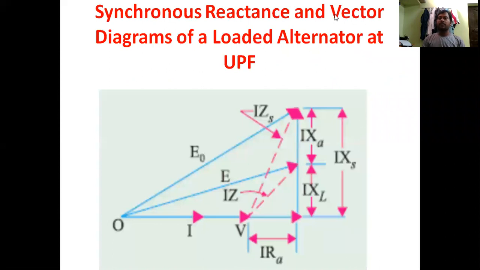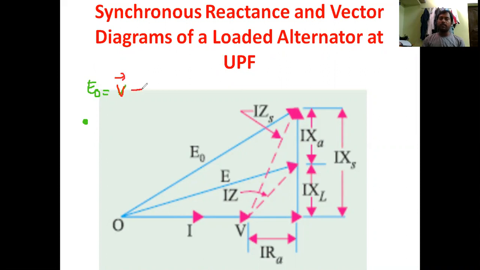The next one is the vector diagram of a synchronous generator or loaded alternator at unity power factor. First of all, E is the induced EMF, E naught, and V is the load terminal voltage.